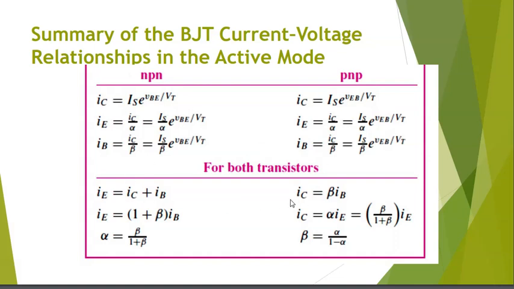IC is beta IB, IE is IC plus IB, IE is 1 plus beta IB, or IC is alpha IE, and alpha is beta over 1 plus beta. This is for your reference, and you're going to have this table in the active mode in your exams. This is the main thing that we learned about the active mode of a BJT.